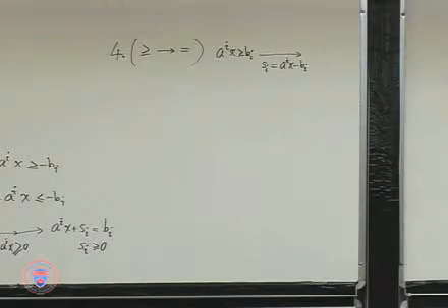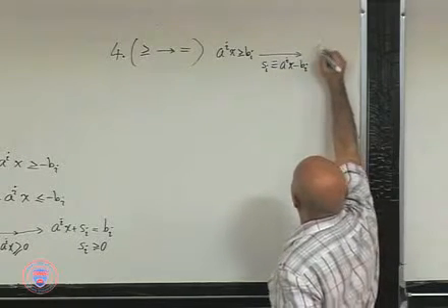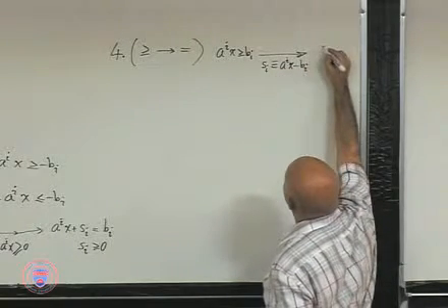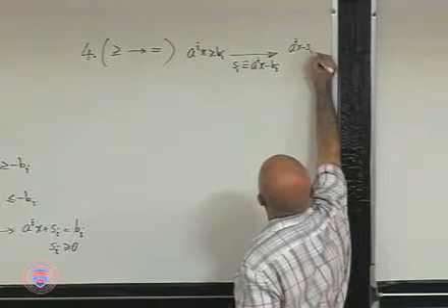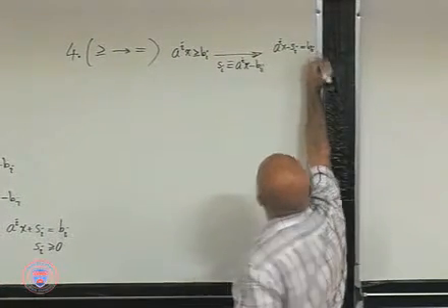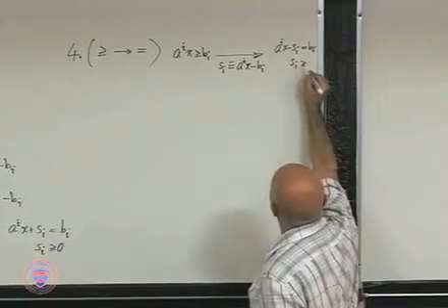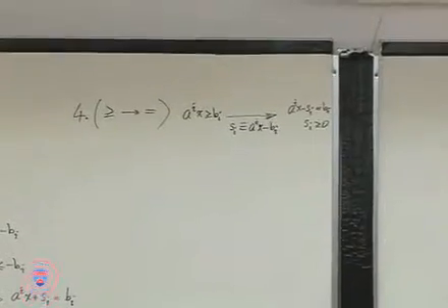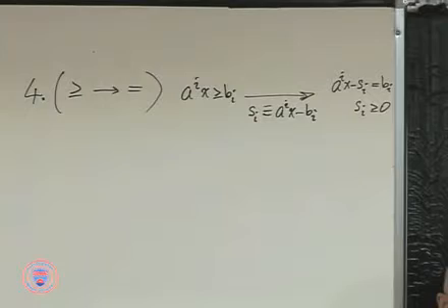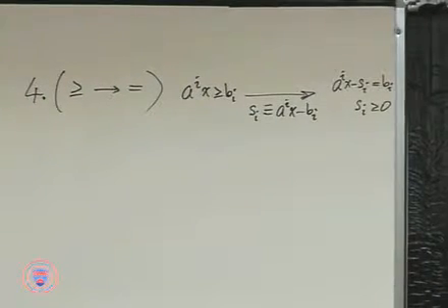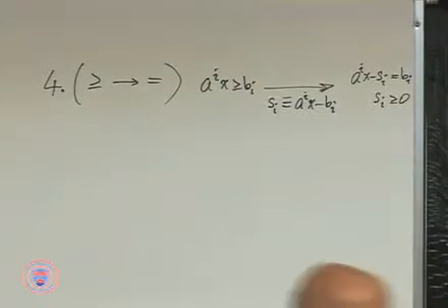That's the intended meaning of that variable. So that your constraint now becomes a_i x minus s_i equals b_i with s_i restricted to non-negative values. So these two constraints do the job. They actually enforce the intended definition of the variable.